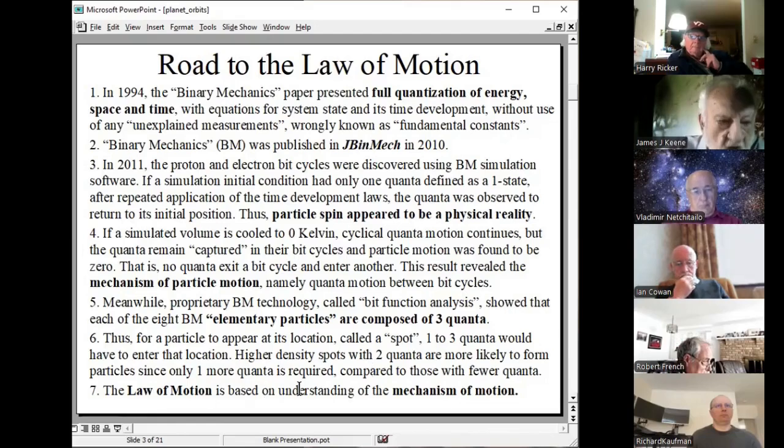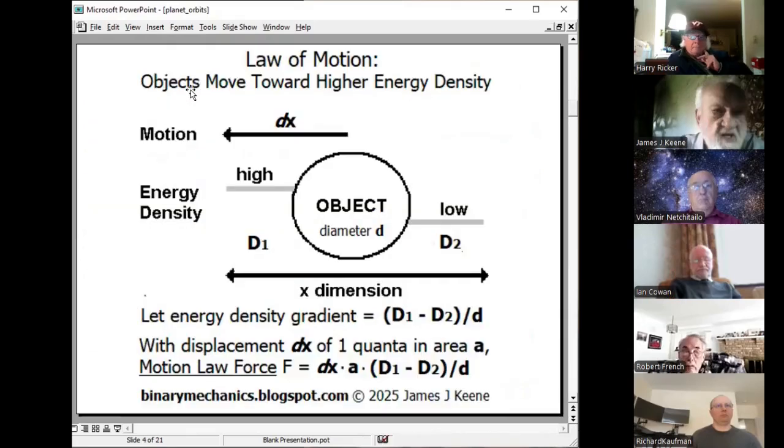The law of motion is based on understanding of the mechanism of motion. The law of motion is that objects tend to move toward higher energy density. So here's a displacement of an object of diameter d, higher energy density on one side and lower on the other side.